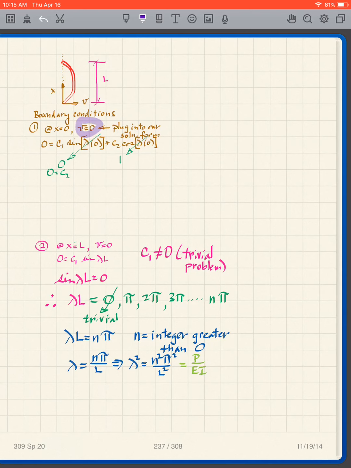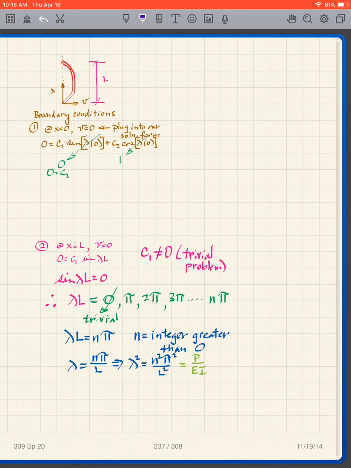So we have v equals 0, that goes there. Now we have x equals 0 here. Well, C1 sine of 0, what's the sine of 0? Sine of 0 is 0, so this particular term disappears. Now we have C2 times the cosine of 0. Well, the cosine of 0 is 1. So I can solve for C2, and I get C2 is equal to 0.